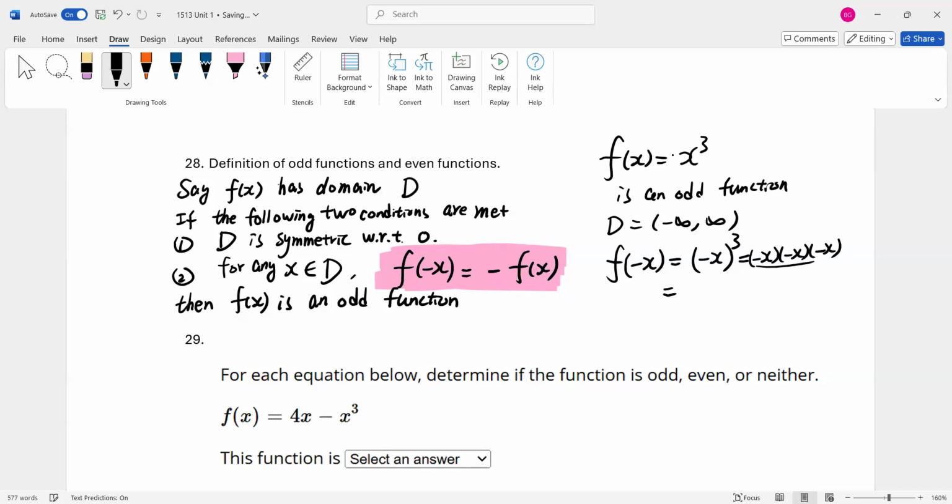Negative x times negative x is positive x squared. Positive x squared times negative x is negative x cubed. And negative x cubed is negative f of x. So we proved the second condition is met as well. For any x, f of negative x and negative f of x are the same, okay?